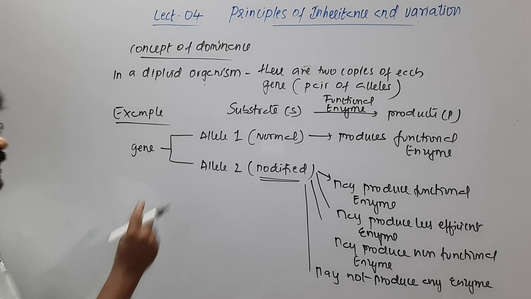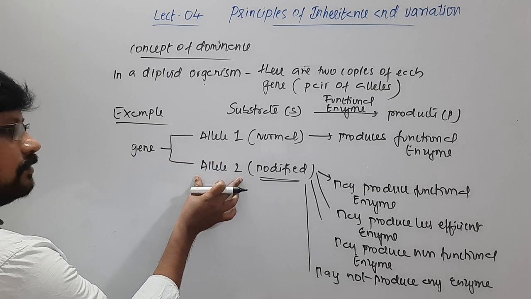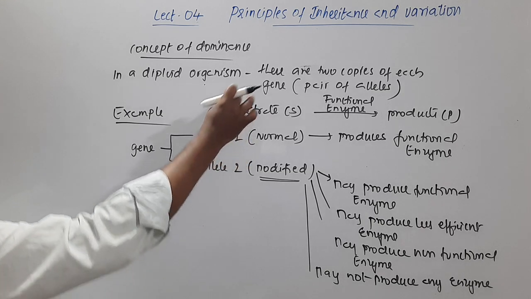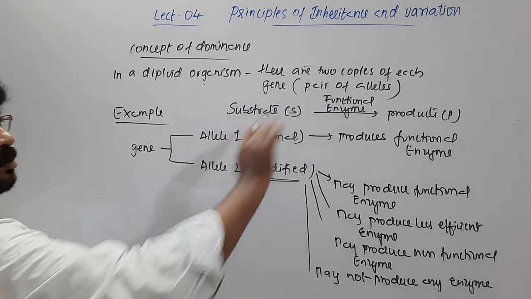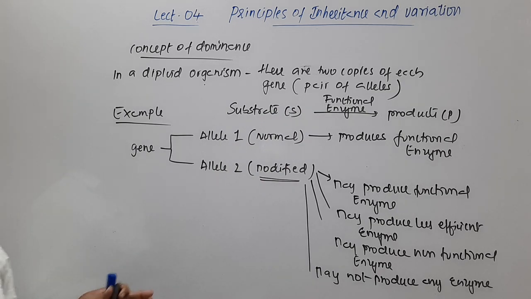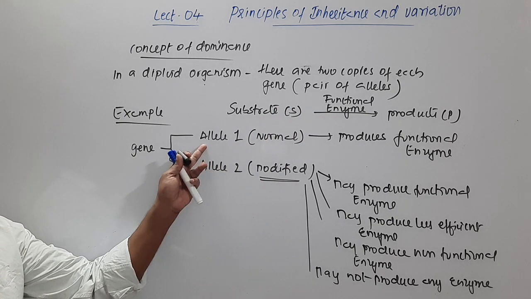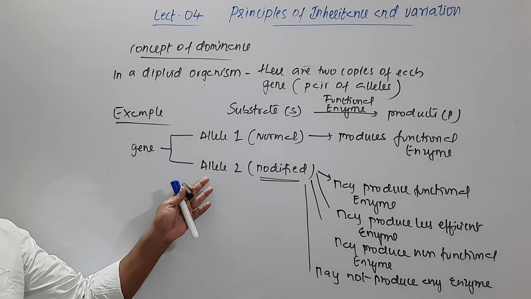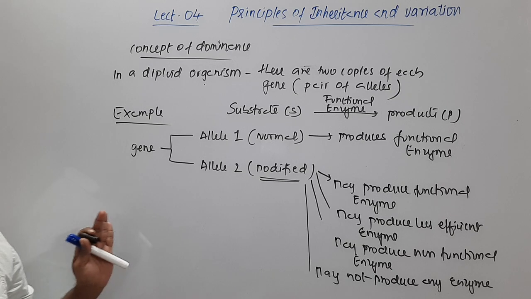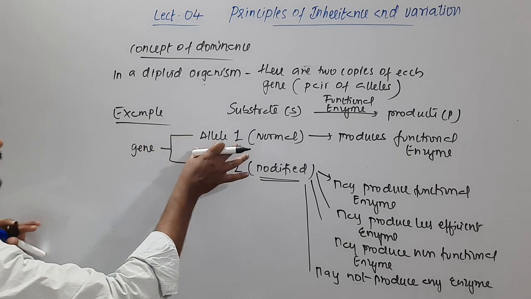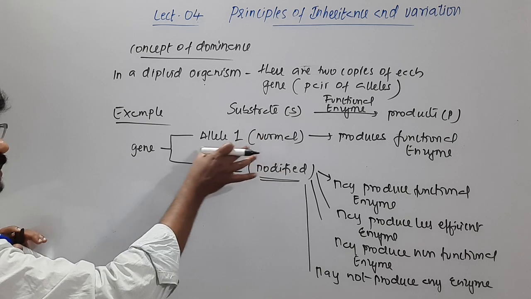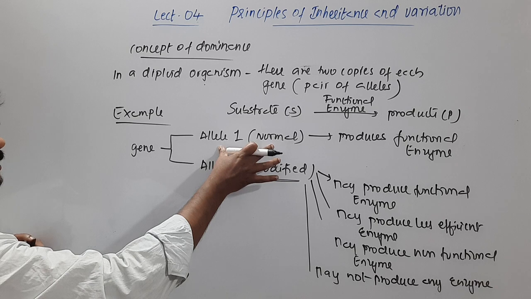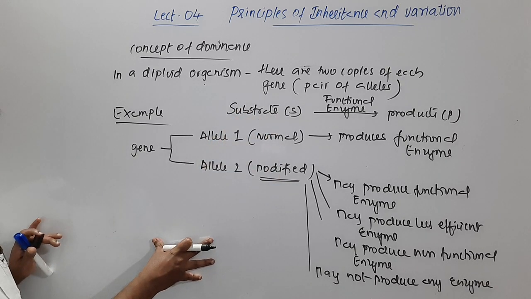Here this modified form is a copy of this normal gene. There are two copies of each gene and they are present in the form of alleles, which are alternative forms of a gene. Say allele 1 is producing functional enzyme, and this is the original gene that is present.